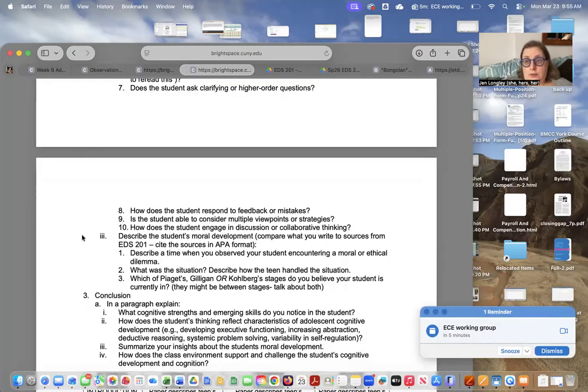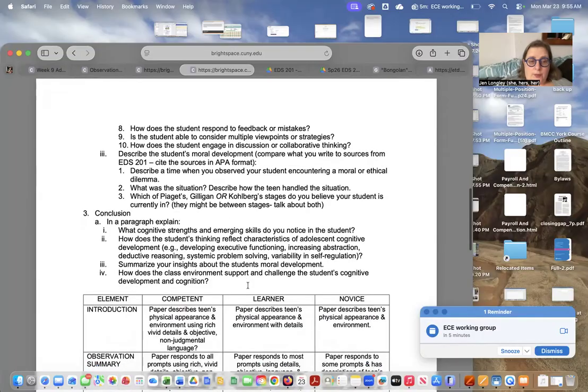What do they do? Maybe someone did something and everyone's getting in trouble because of it. What does the student do? Describe it and then compare it. How does it relate to Piaget, Gilligan, or Kohlberg and their stages? If they're between stages, talk about both.